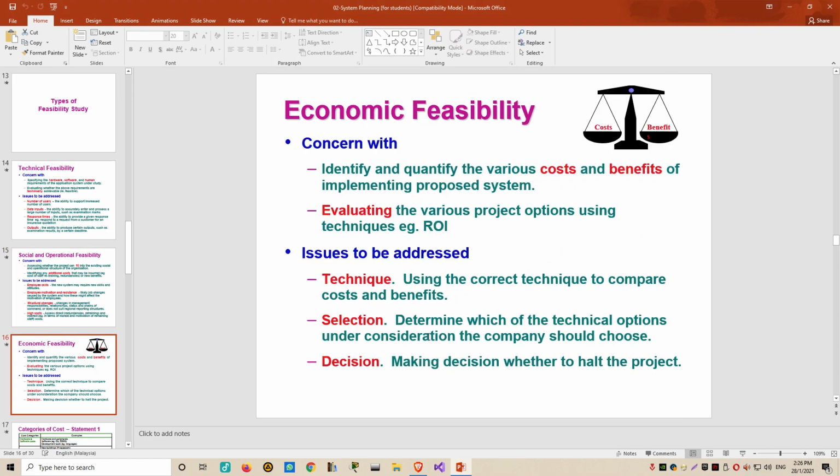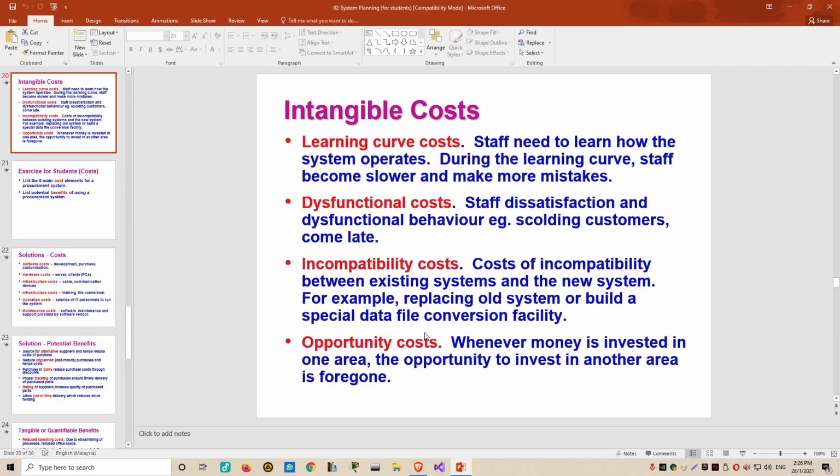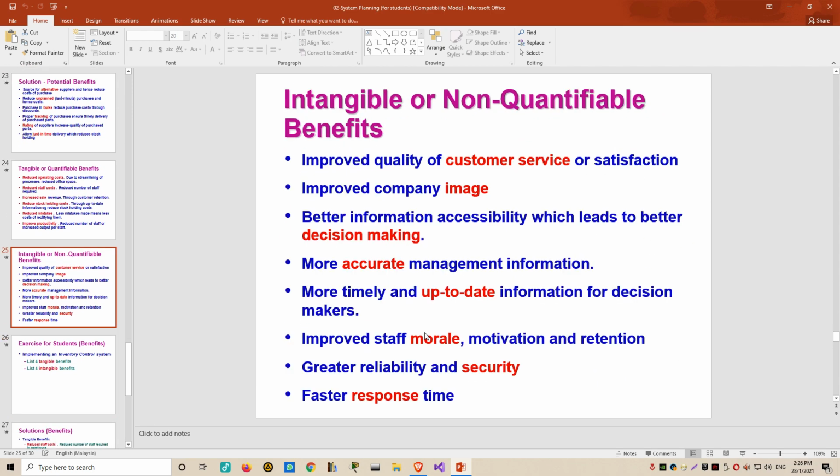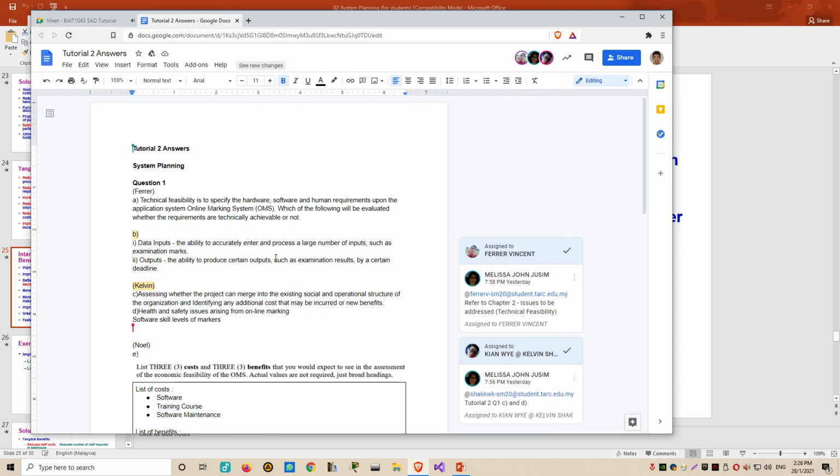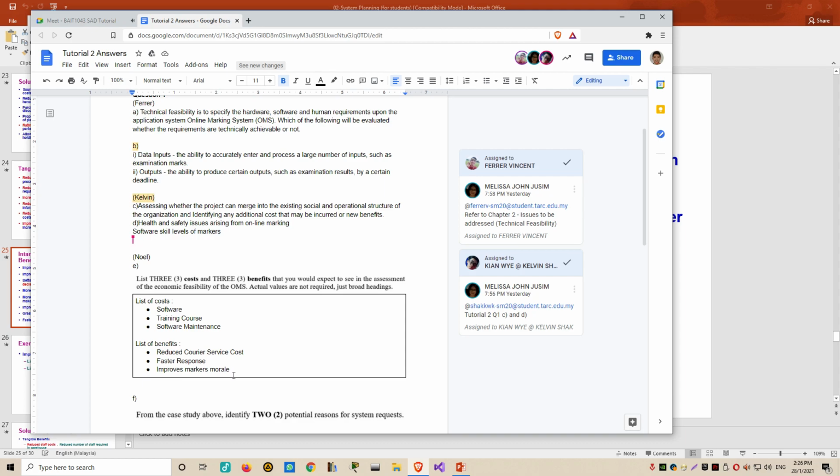How about improve company image. In this case, the CCS can improve its image because if now they are able to do their exam online, produce faster results, I believe more students will take exam with them. Image.